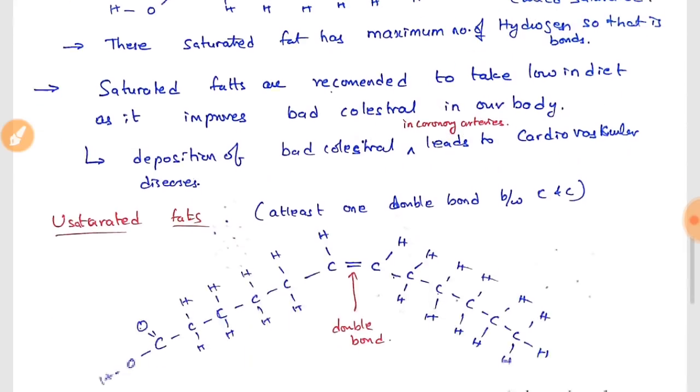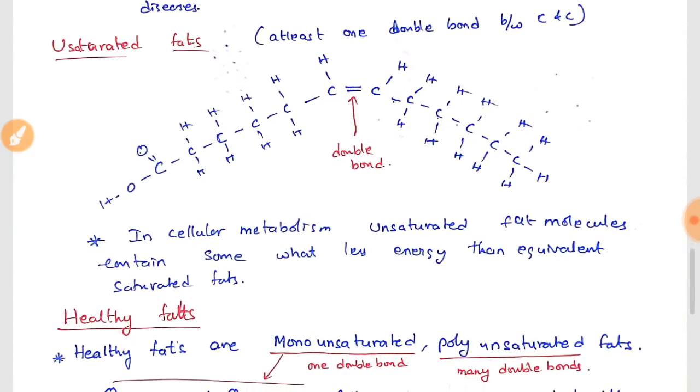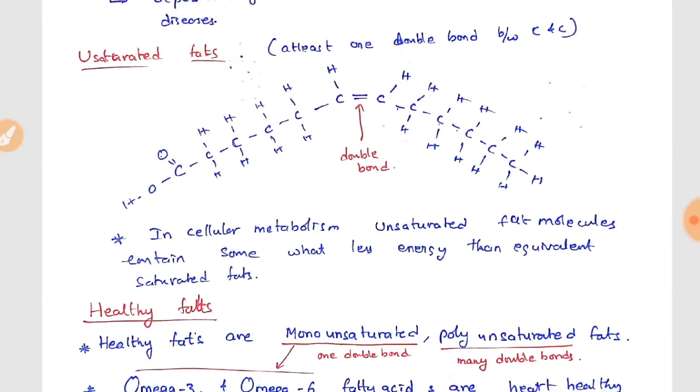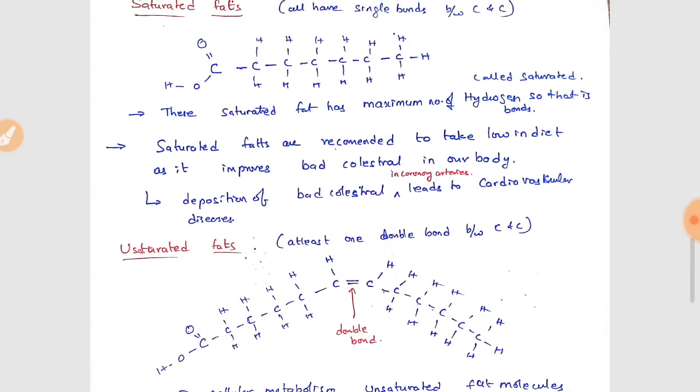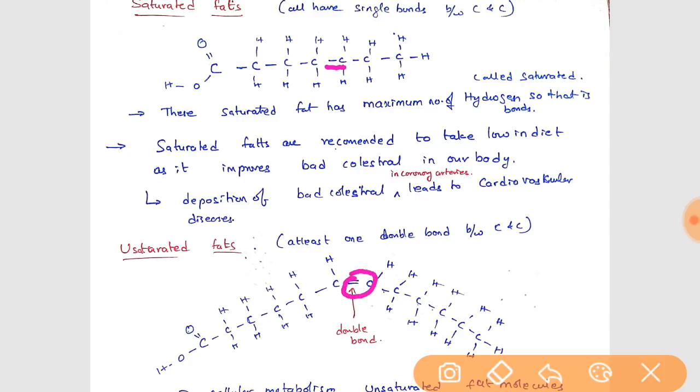So if we see unsaturated fats, then it will be clear what the difference is between saturated and unsaturated. Here you can see, friends, there is a single bond between C and C. Here there is a double bond between carbon and carbon. So there is scope for another hydrogen to link with the carbon.